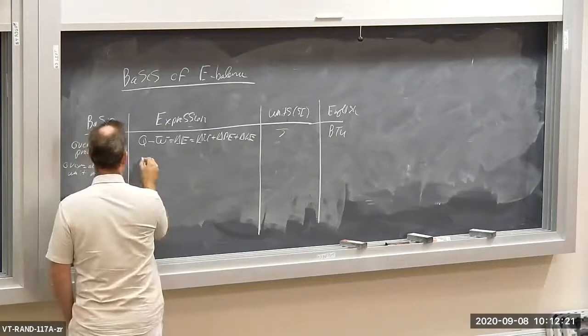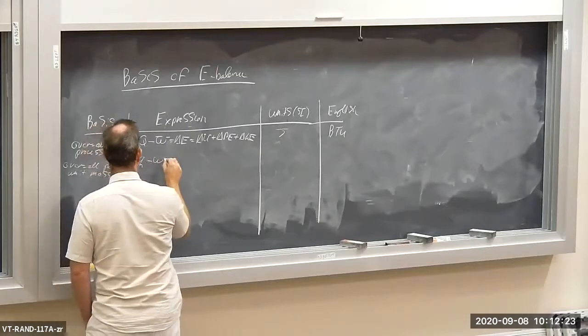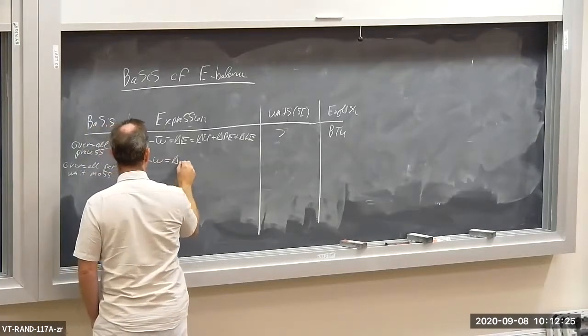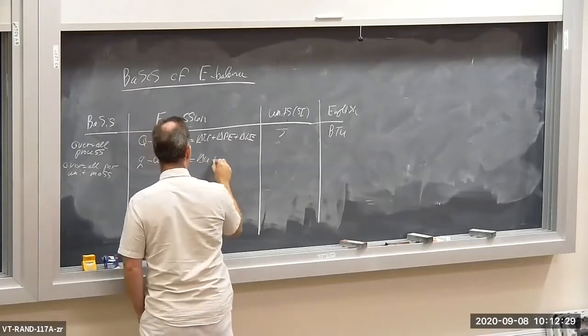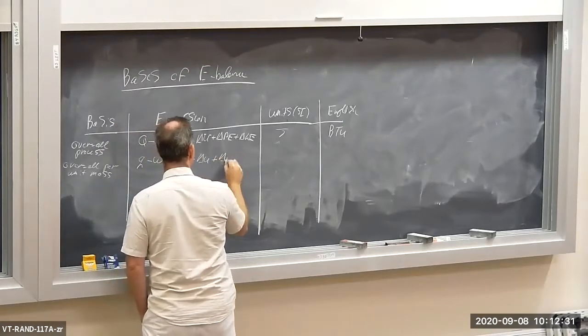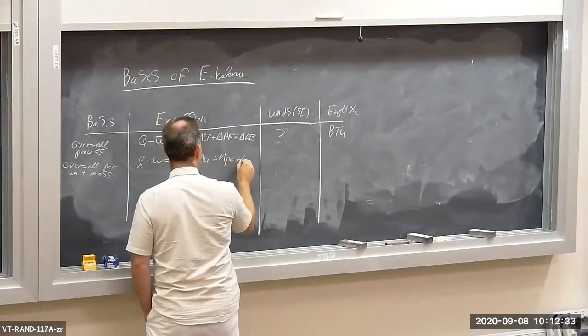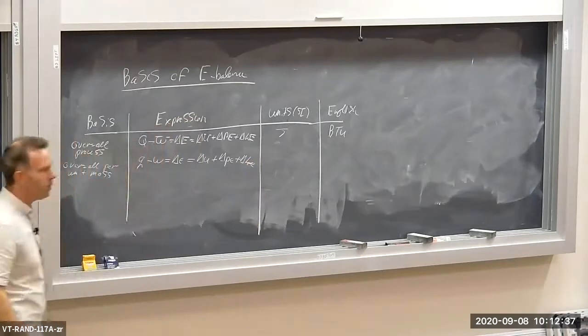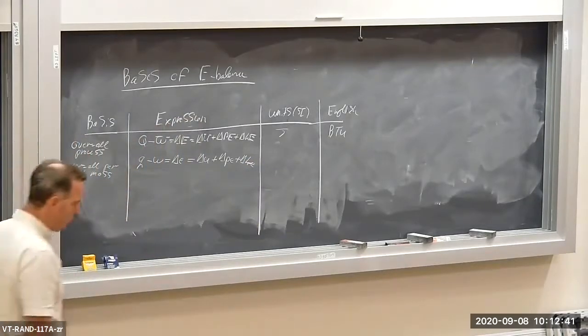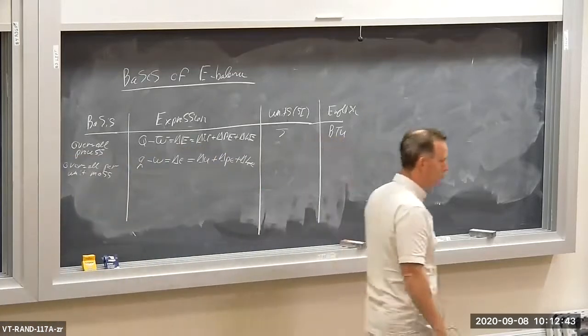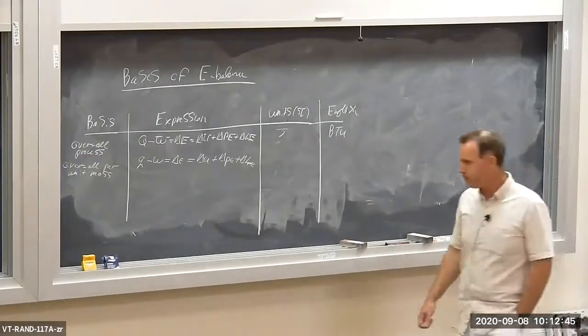And so I get q minus lowercase w equals delta lowercase e, which is equal to delta lowercase u plus delta lowercase pe plus delta lowercase ke. All right, so that's per unit mass. That's another way to write the energy balance. It might be useful depending on the problem and what you're trying to find.